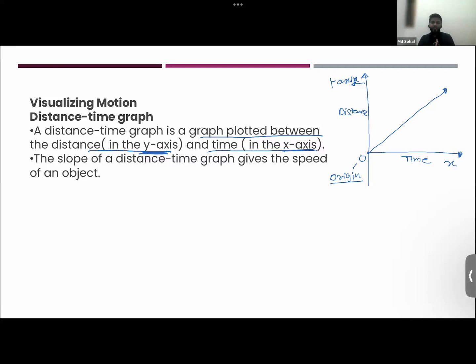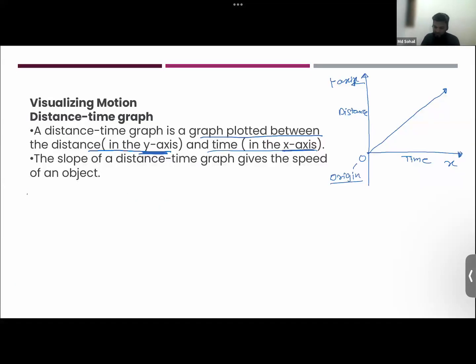This graph is different for different types of motion. Suppose a body is doing a uniform motion, then its graph will be different. If a body is performing a non-uniform motion, then its graph is going to be different. So let's talk about the different types of graphs.